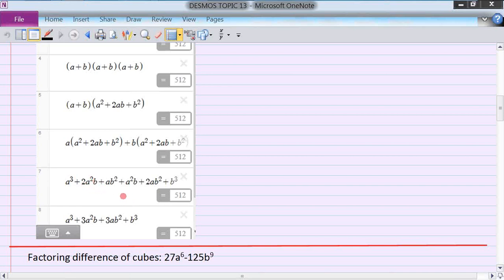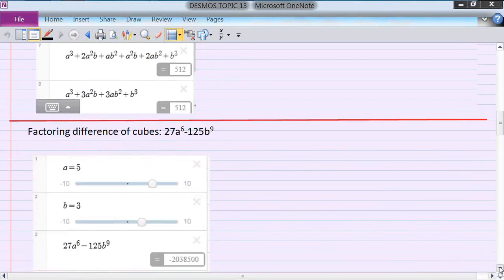The 2a squared b and the a squared b combine to give 3a squared b, and the ab squared and the 2ab squared combine to give the 3ab squared. So this term and this term combine, and then this term and this term combine, and that's how we get these terms here. Notice that the value doesn't change.